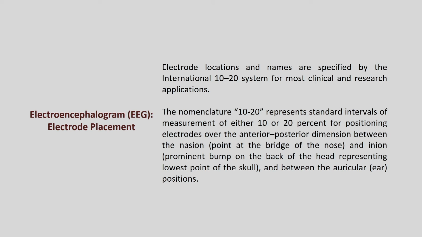It says the standard intervals of measurement of either 10 or 20% for positioning electrodes over the anterior-posterior dimension between the nasion, okay, this location, the point at the bridge of the nose, and the inion, that is the prominent bump at the back of your head, or the skull, and between the auriculum, that is the ear position. So, this way you need to place your electrodes.